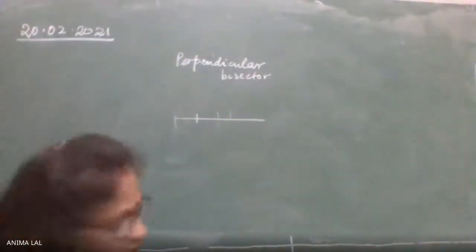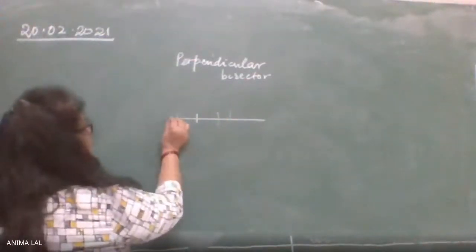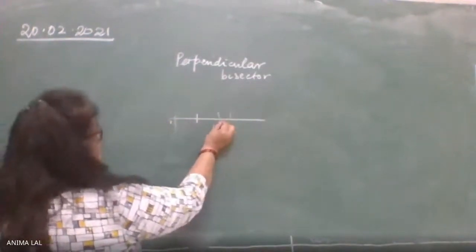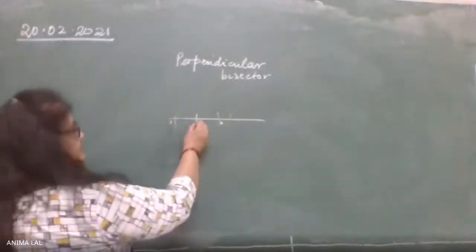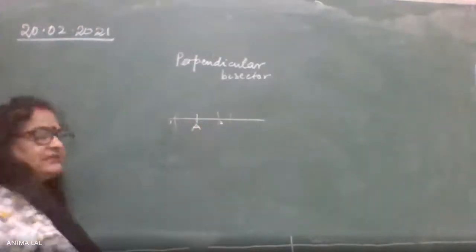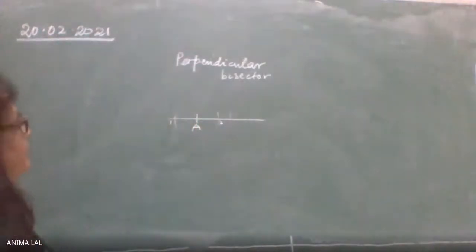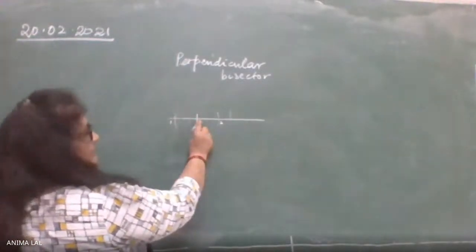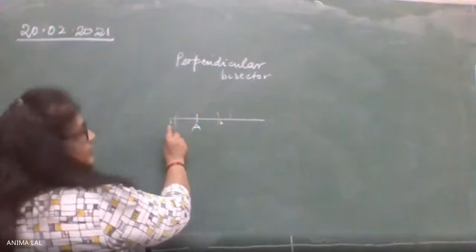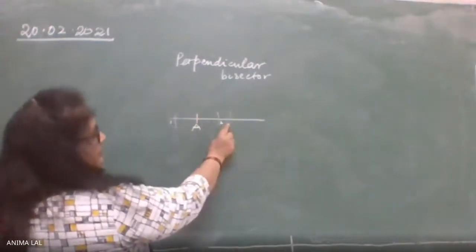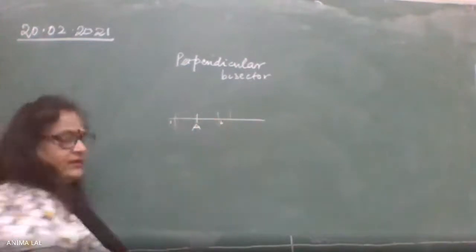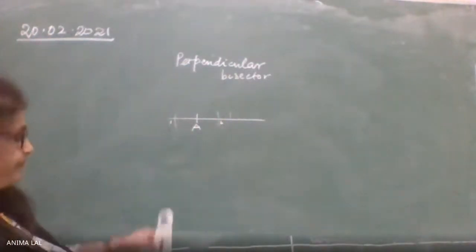You will be drawing two arcs. One arc will be on the left side. If I mark that as 1, then one arc on the right side of the point. Let's take the point as A. Okay, so I have two arcs here. Taking A as center, I drew an arc on the left side and I drew an arc on the right side. One on the left, I marked it as 1, and the one on the right as 2.